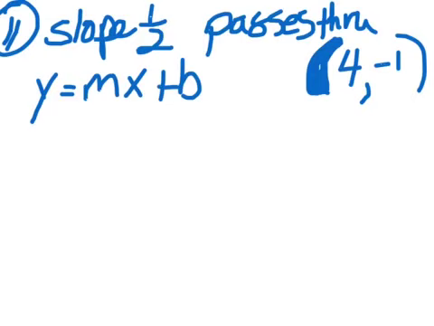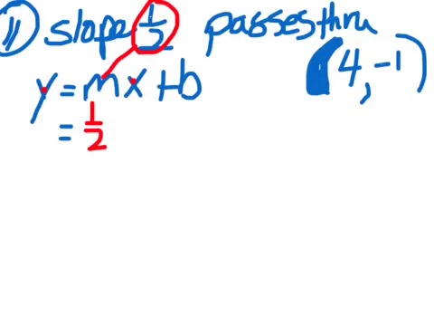I know I have the slope right here, so that's just going to get plugged in for m. So right now I know that I have 1/2 there. Now, I'm missing a y, I'm missing an x, and I'm missing a b. Actually, in my final equation, I want the y and the x to stay, but what am I to do here? I've got too many things missing, and I can't find them all.